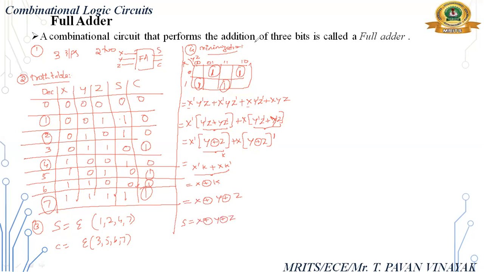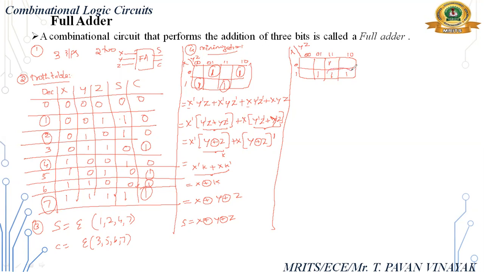Okay. Next, carry. X, Y, Z: 0 0 0, 1 1 1, 1 0. For carry, what are they? 3, 5, 6, 7. Now first I am taking one pair.